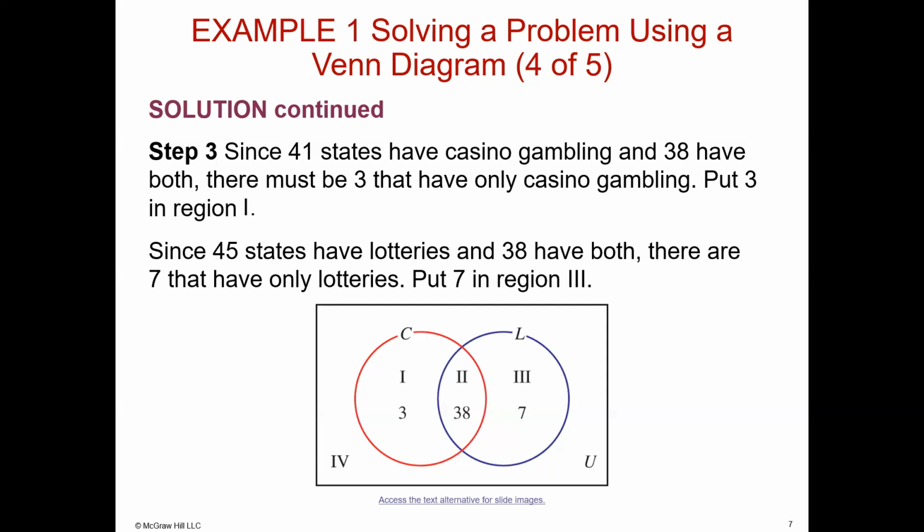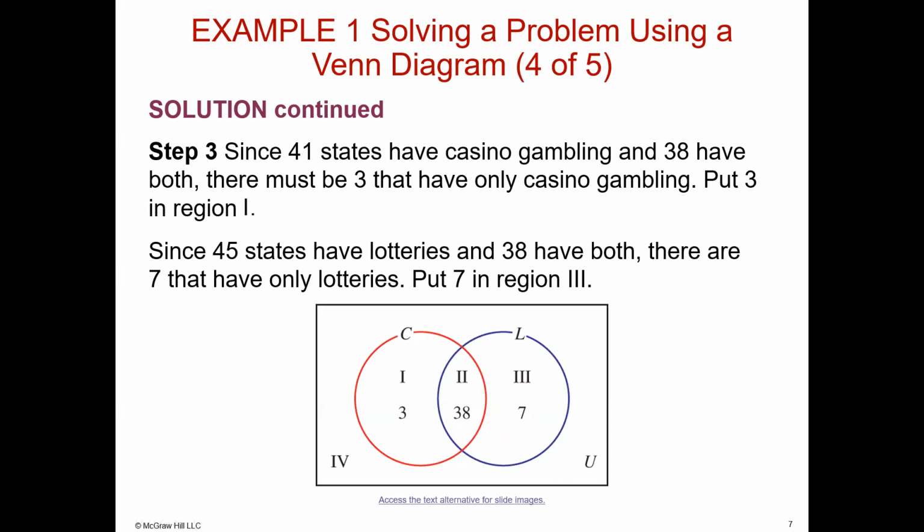We may have gotten rusty on that issue. Just for the record, the last time I checked it was 50. But we only have how many accounted for? 48. 3 plus 38 plus 7 is only 48 accounted for.